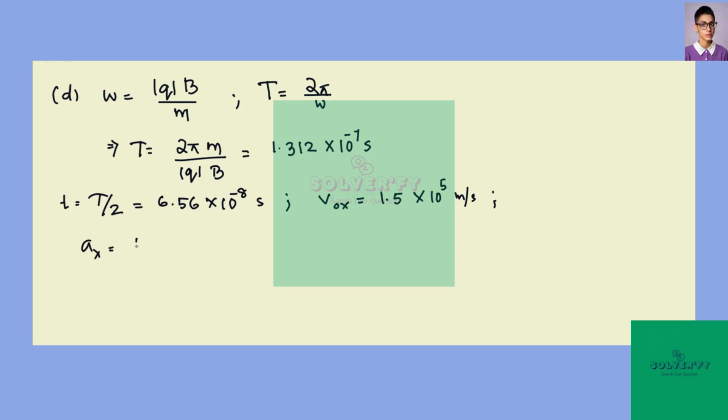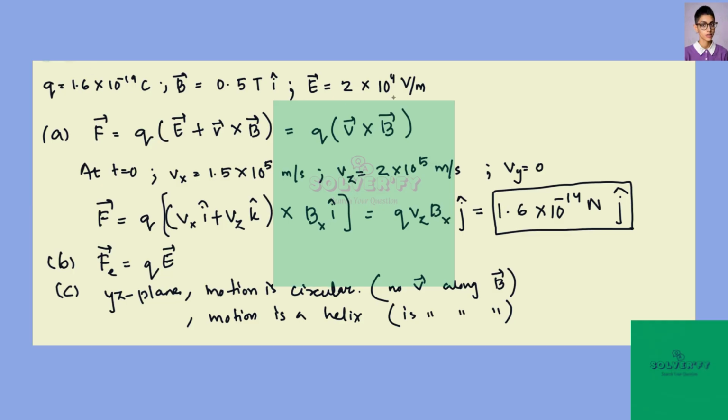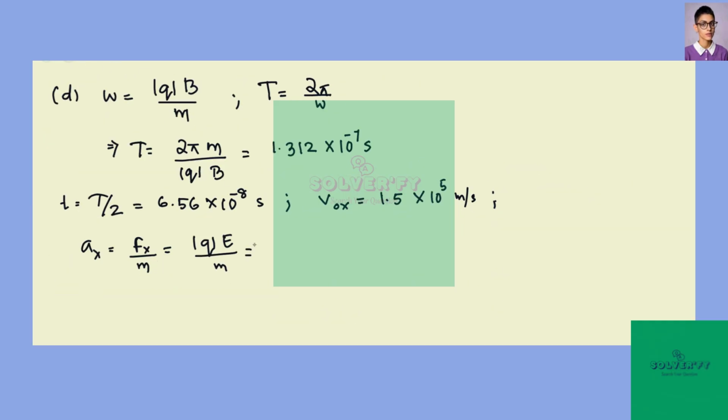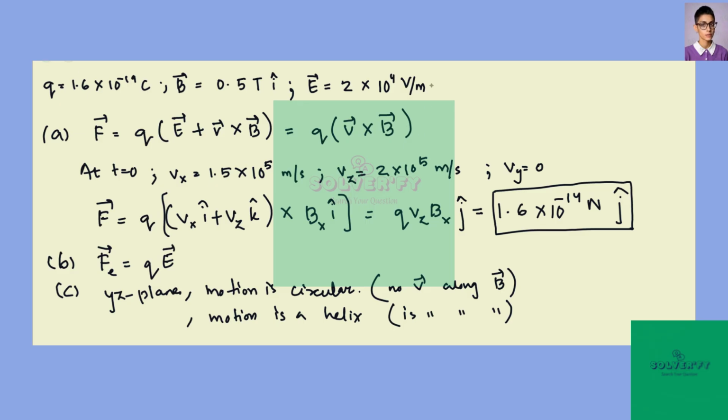So ax is Fx over m by Newton's law, and this is basically Q, the charge, times the electric field over m. We know the magnitude of the charge, the value of the electric field, and the mass.